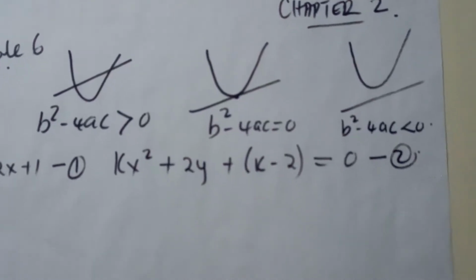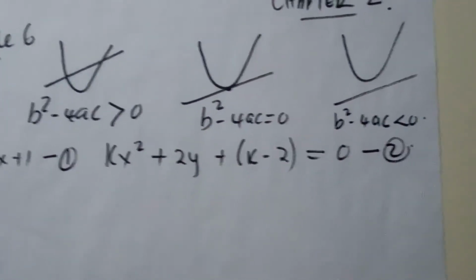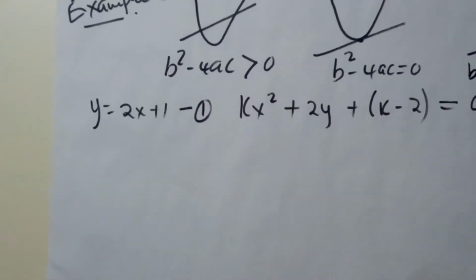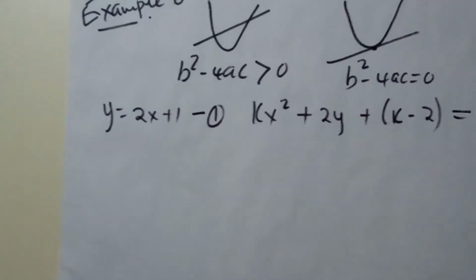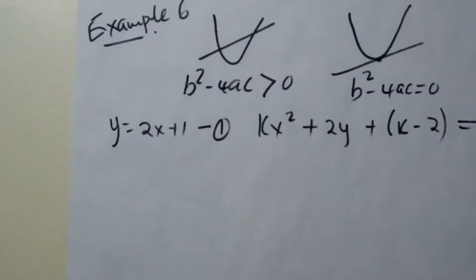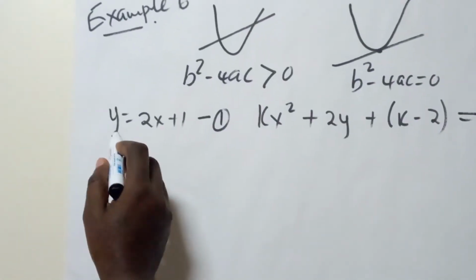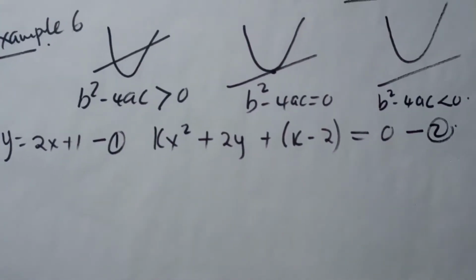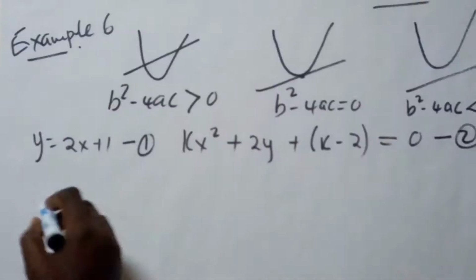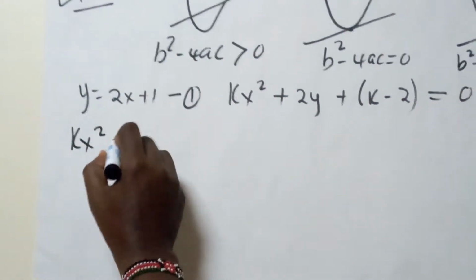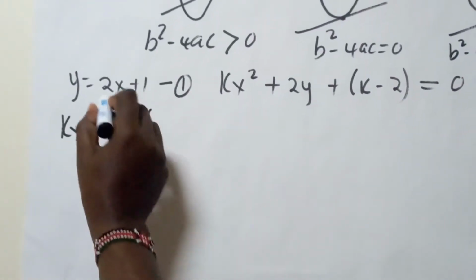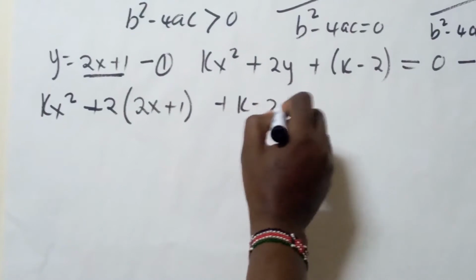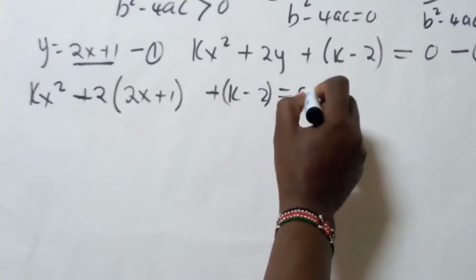And we said in a previous video that when one equation is quadratic and one is linear, we can only use the substitution method. Because we can already see the value of y, we need to substitute for y in the quadratic equation. And what does that give us? We write kx squared plus 2 times (2x plus 1) plus k minus 2 equals 0.